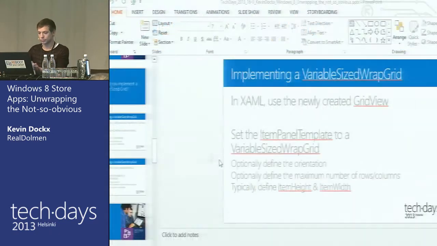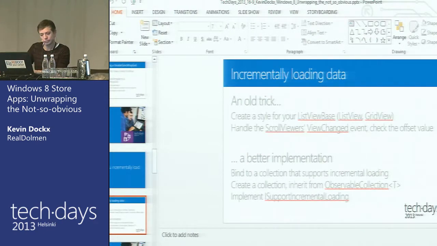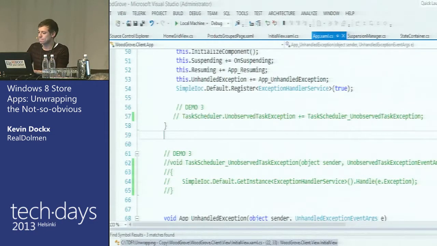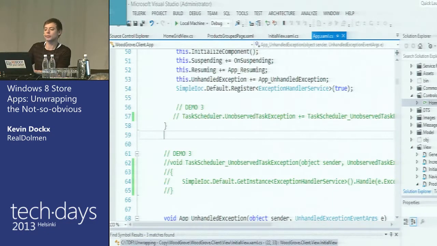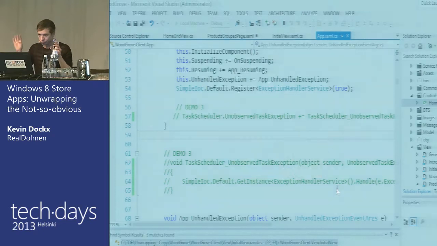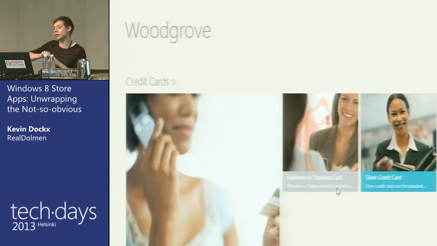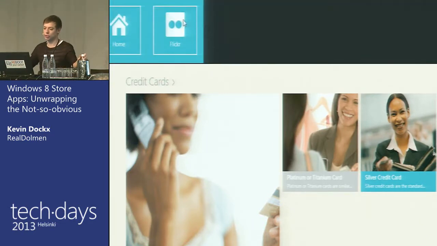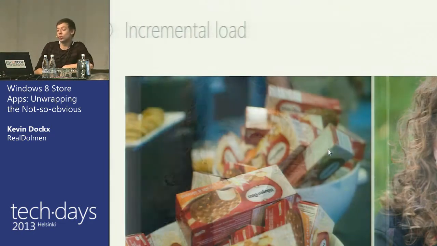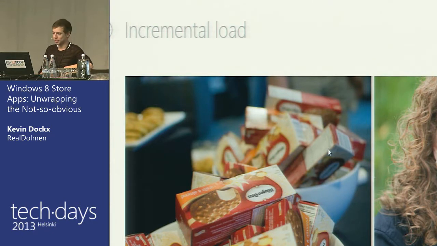So let's have a look. I've created that one. Maybe I should show you first what we're gonna do. I'm using a REST service from Flickr's API. I'm not gonna go over the implementation details here, but I'm just using that REST service on this page to load all pictures tagged tech days.